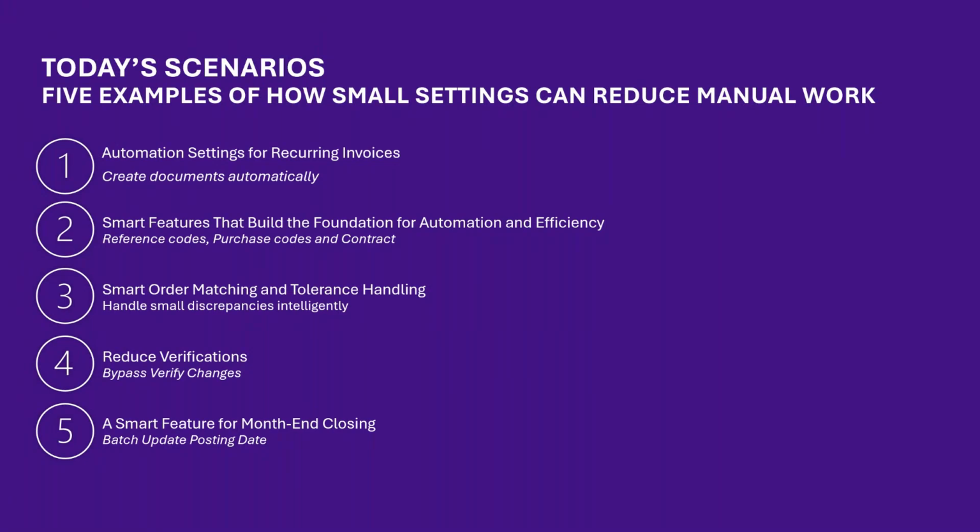And we'll also look at how we can reduce verifications and those extra clicks by allowing certain changes to pass automatically while you still have the control over important changes. And then finally, we're wrapping up with a smart feature for month-end closing that can help prevent posting in the wrong period, for example, and that also gives you better control.